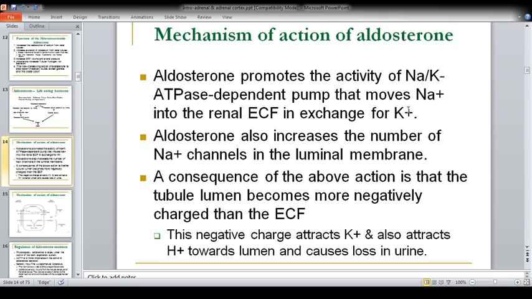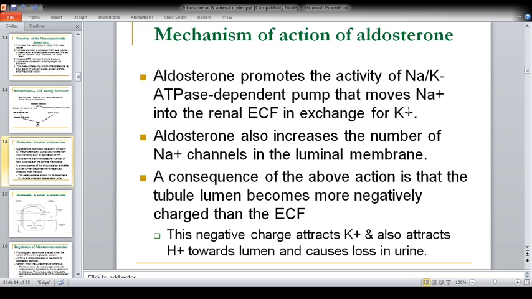So it uses ATP to move the sodium inside the cell and move the potassium outside. It would move sodium inside the cell, and then into the extracellular fluid inside the body, and move potassium out of the tubule into the urine. Aldosterone would also increase the number of sodium channels in the luminal membrane.